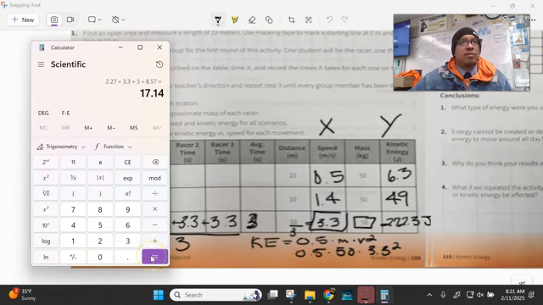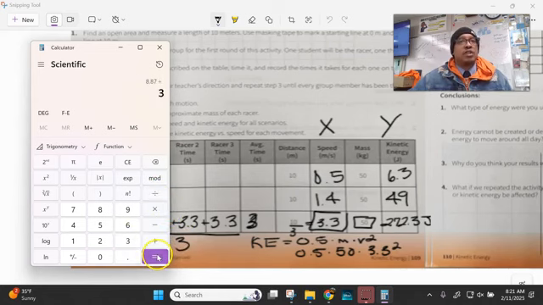So 2.27, that was the first one, plus 3.3 plus 3.3 is equal to, and then we're going to take that number and divide it by 3.